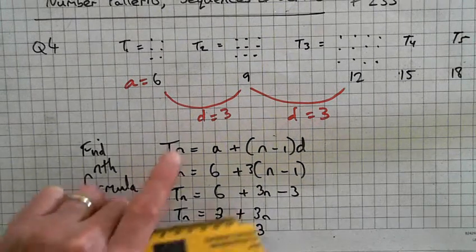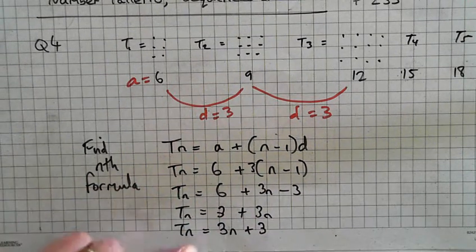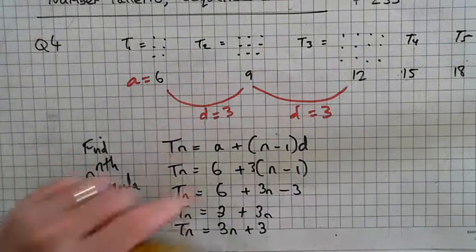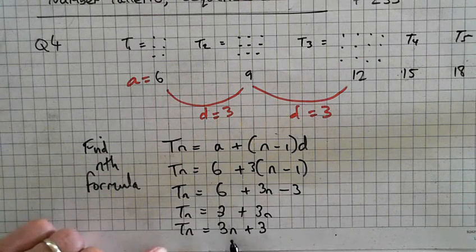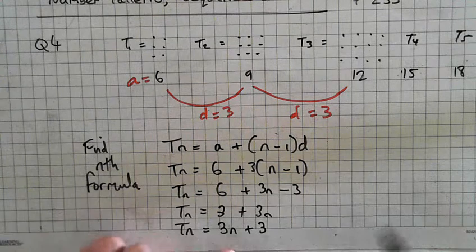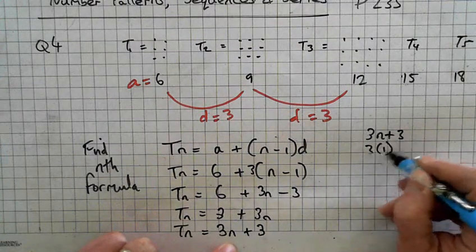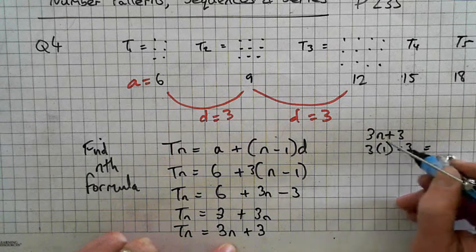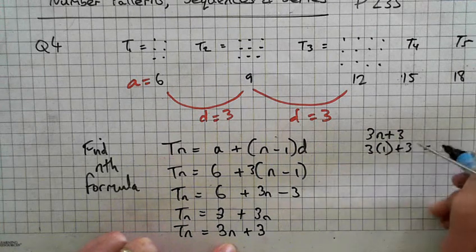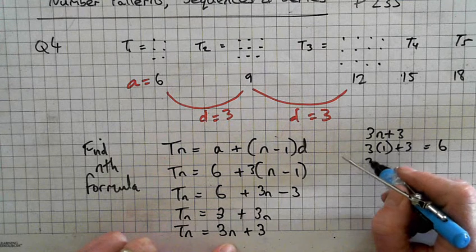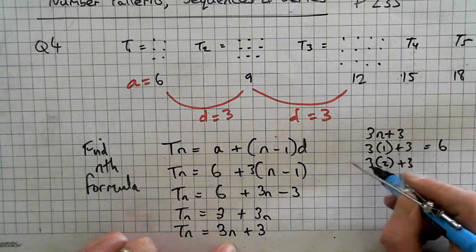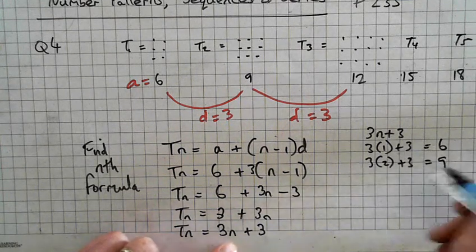And my nth formula is different for every sequence. Just to prove that this is the formula for the sequence, what happens when we put in 1? What pops out? If I put in 1, so 3 plus 3 is 6, the first term. If I put in 2, I get 9.